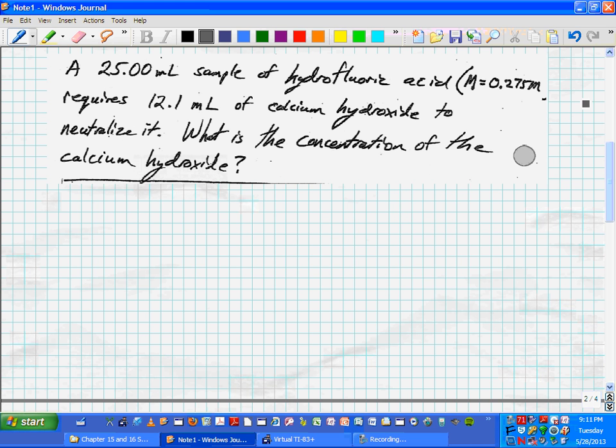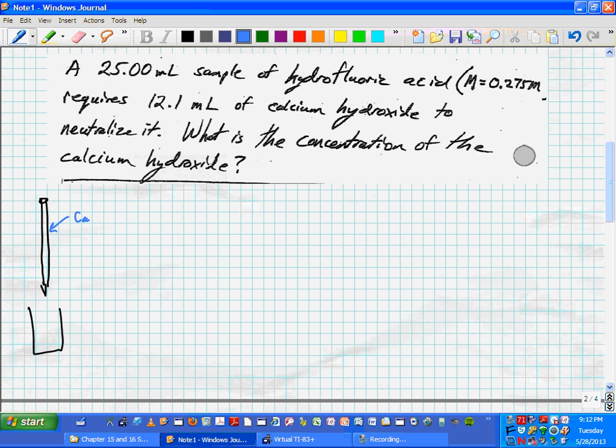So we've already done a titration. Here's what's happening. We've got a burette, got some sort of beaker underneath it. I'm not going to draw a flask. Sample of hydrofluoric acid requires 12.1 milliliters of calcium hydroxide.